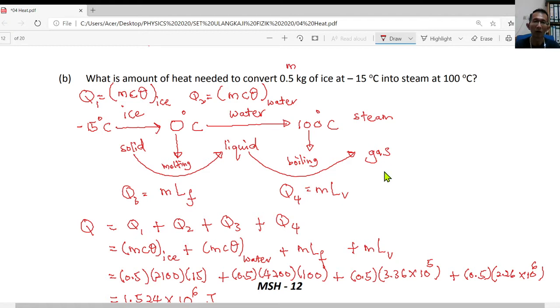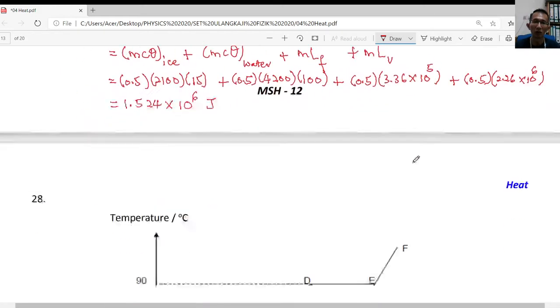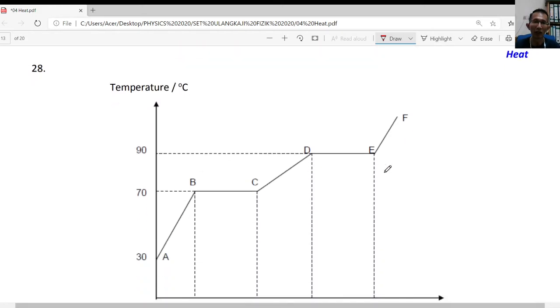That's why here I'm using Q equal to mLf, and here I'm using Q equal to mLv, because at these 2 points there is no change in the temperature, because we have a change in the state of matter. So let's move on to the next question, question 28.